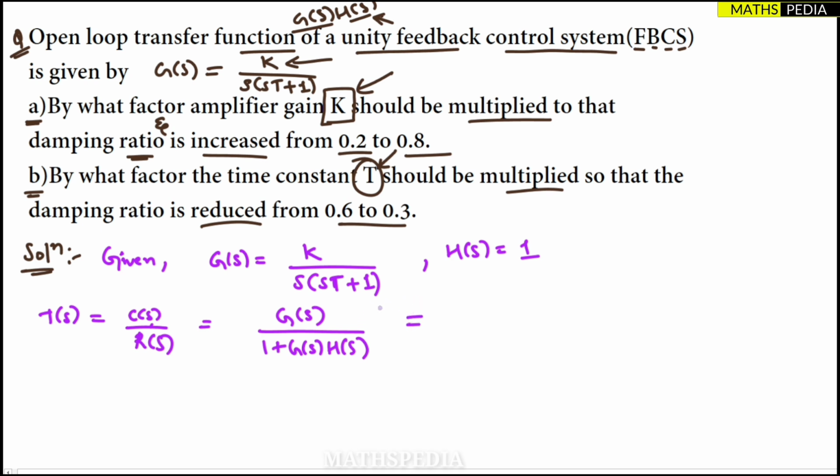So can we substitute the G(s) value, which is K by s into (sT plus 1), divided by 1 plus, what is G(s) again? G(s) value is K by s into (sT plus 1), into H(s) value is 1. Now we have to simplify this.